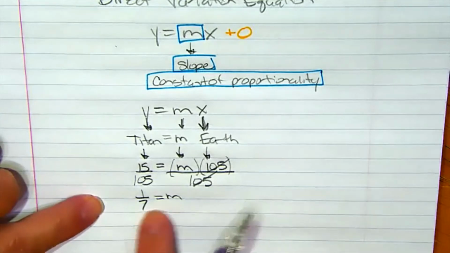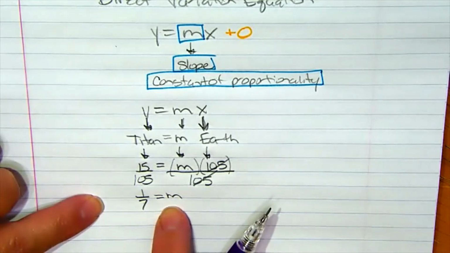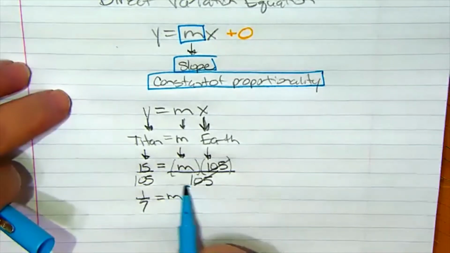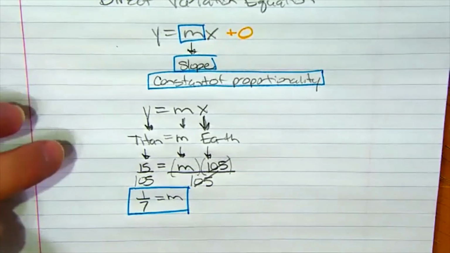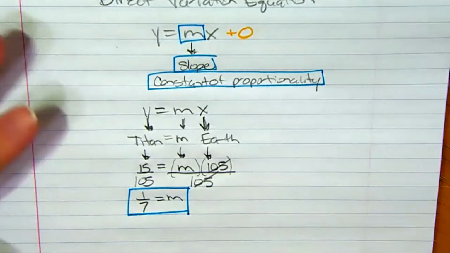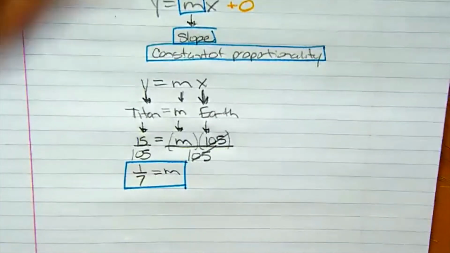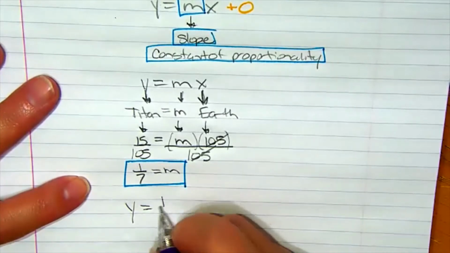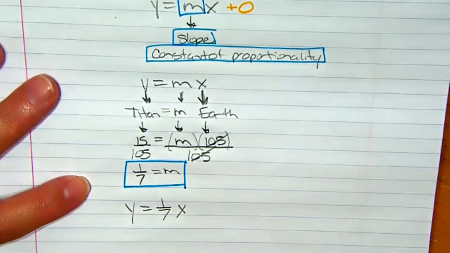equals, these guys cancel, there's my m. So here's my constant of proportionality. Now they're asking me to write an equation that represents this situation. y equals 1/7 x.